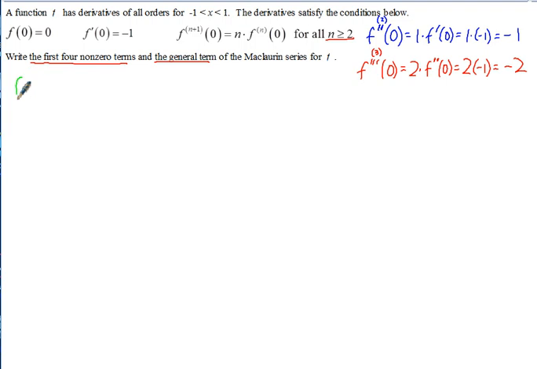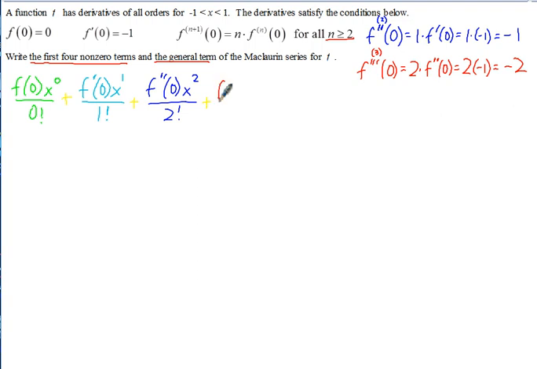It would be f of 0, x to the 0 over 0 factorial, plus, next one would be f, the first derivative at 0, x to the first over 1 factorial, plus f double prime of 0, the second derivative of 0, x squared over 2 factorial, plus f triple prime of 0, x to the third over 3 factorial.